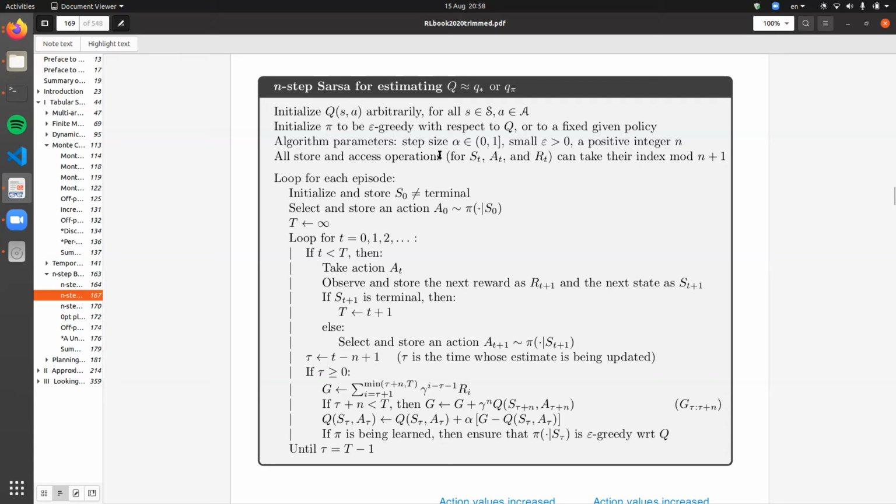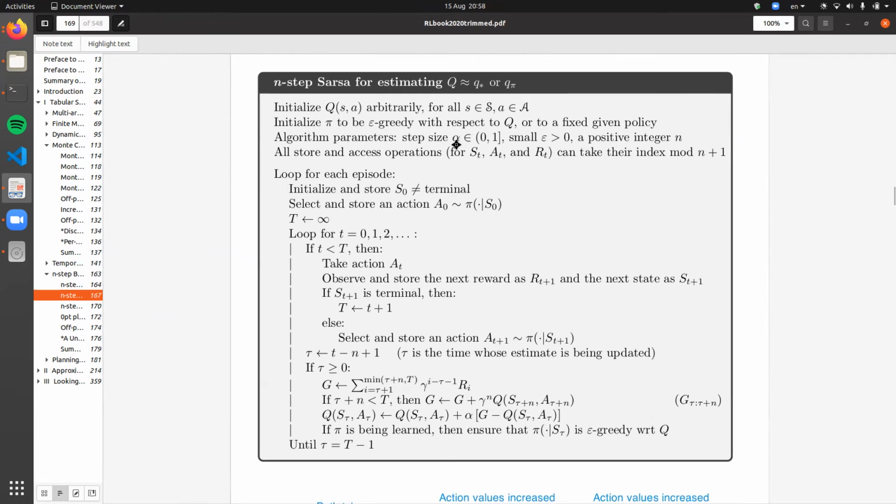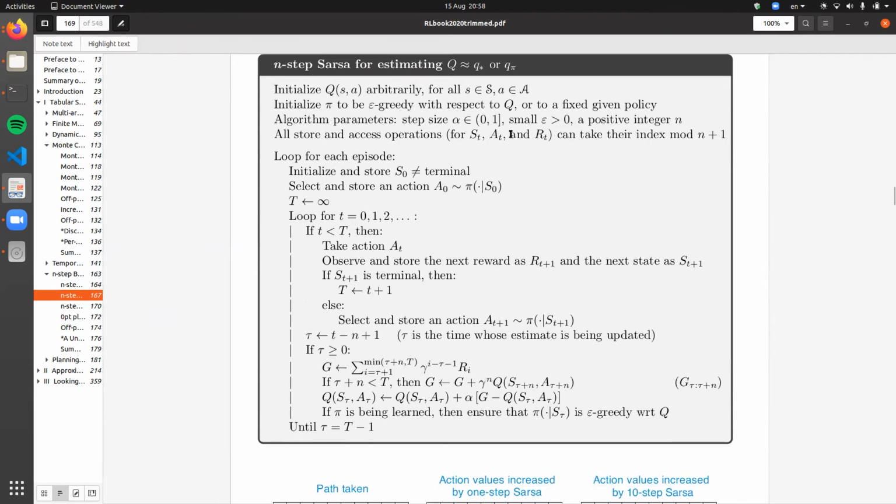And we have the following parameters for this algorithm. We have a step size alpha, and we saw that there is a significant impact of alpha on the results in this n-step bootstrapping case from the previous example.